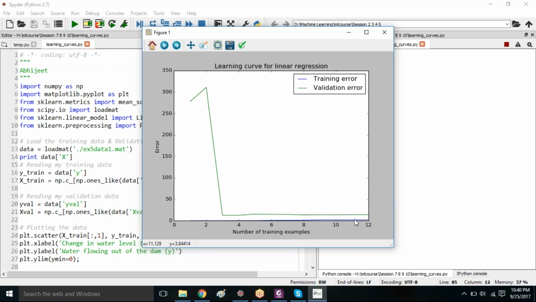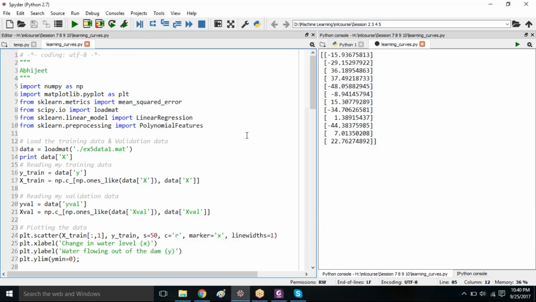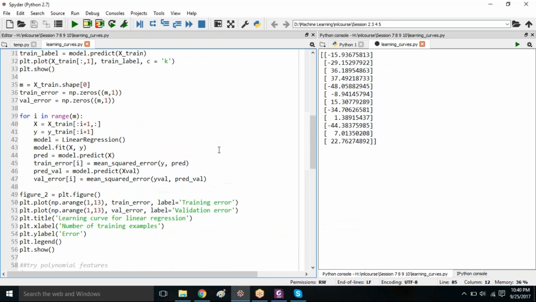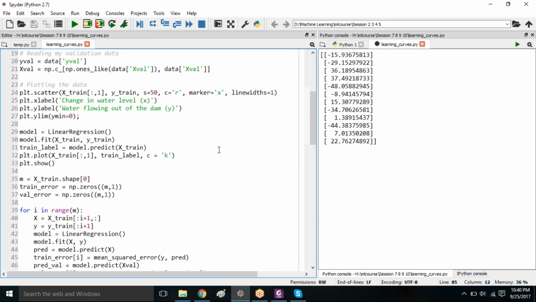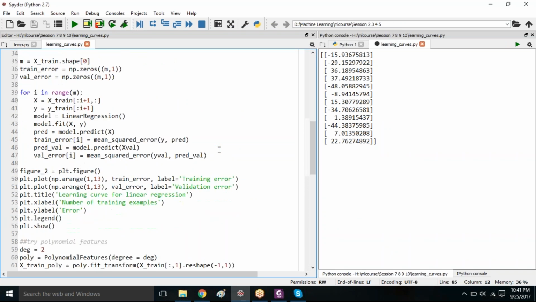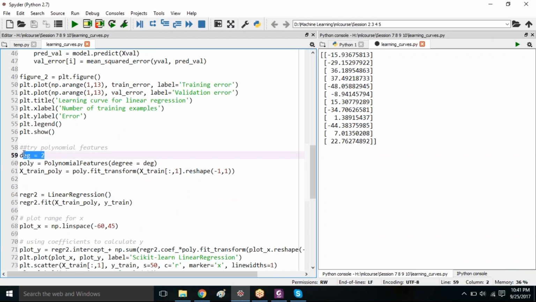Because validation data will be on the same pattern, unseen data it is. So it will not be exactly fitting the training trend, but it will be nearby it, so the error is a little bit high. This is the program which we have done in two phases. In one phase, I am doing regression on a line. Then in the second phase, I am doing regression on a degree 2 polynomial.